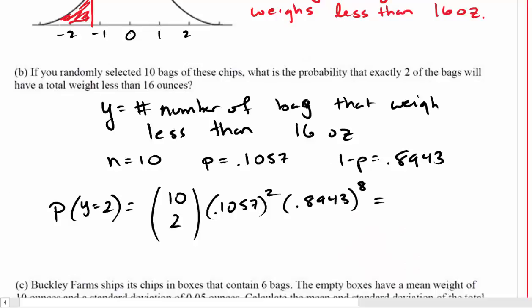Let's go back to here. This will give me approximately 0.20559.